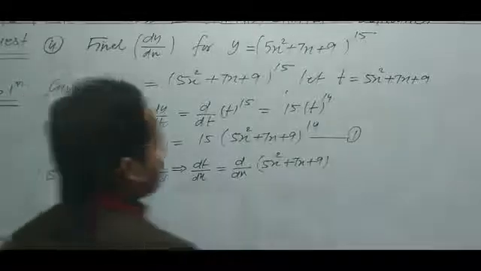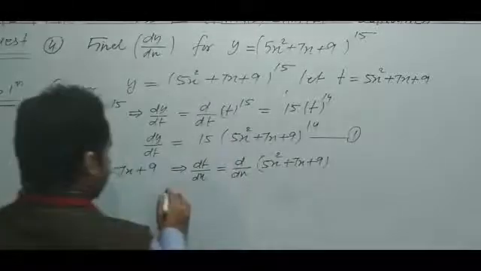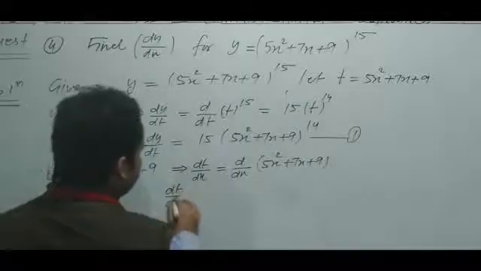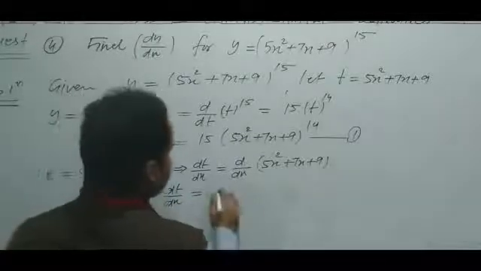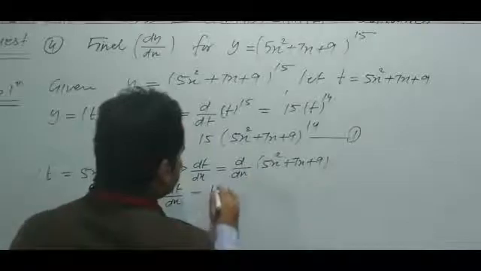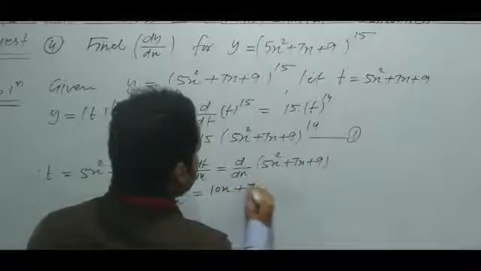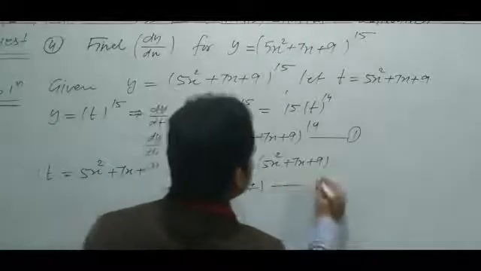Now dt by dx, what we can get the result? Now dt by dx result we can write d by dx of 5x square result will be 10x, and now 7. Consider equation 2.